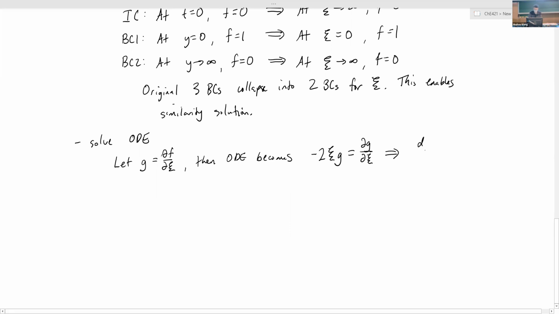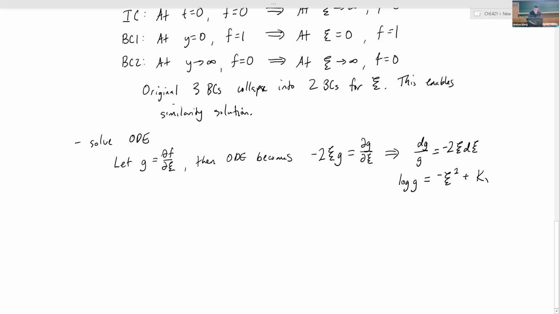So we get dg over g is equal to minus 2c dc. And then integrate both sides. So you get log of g is equal to minus c squared plus some integration constant, I'll call that k1.